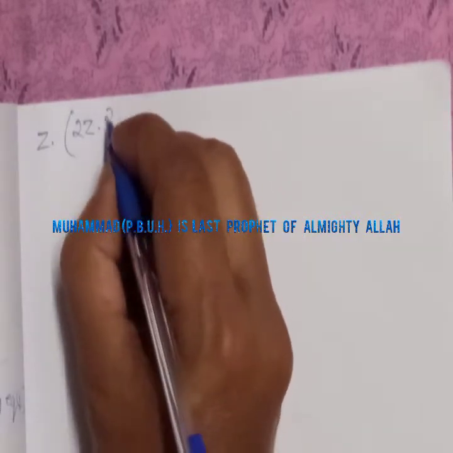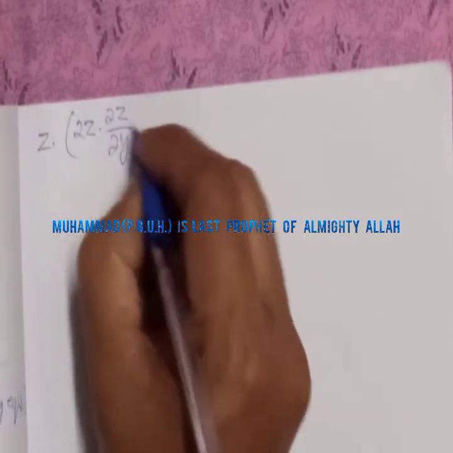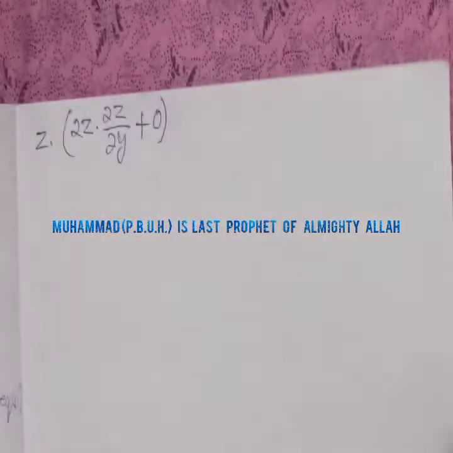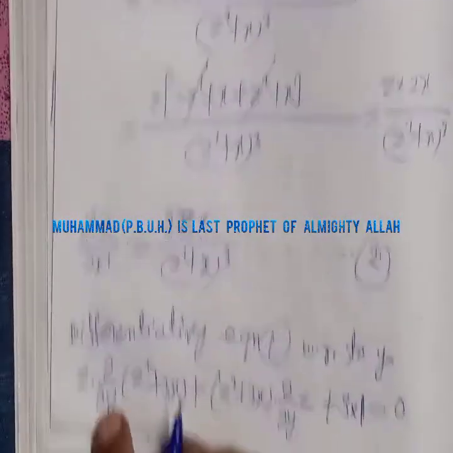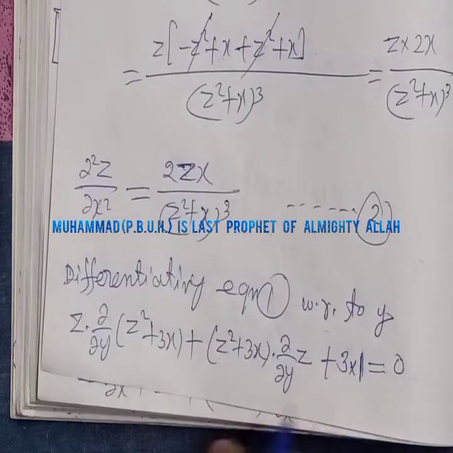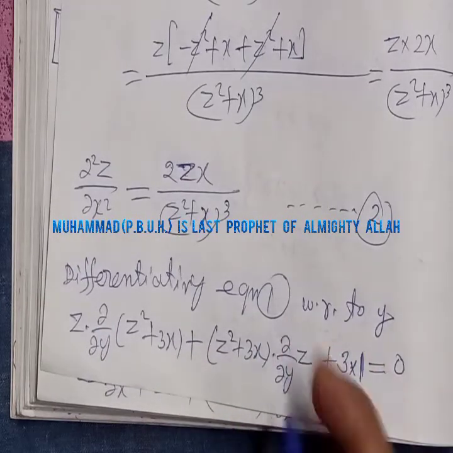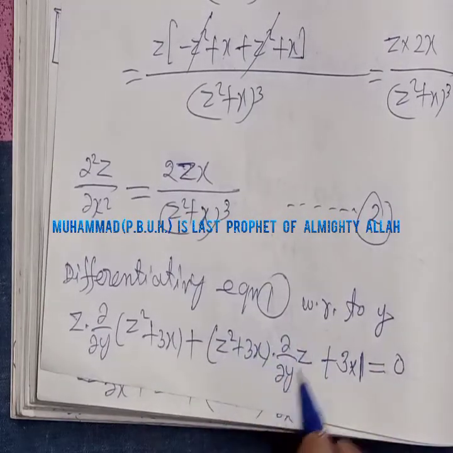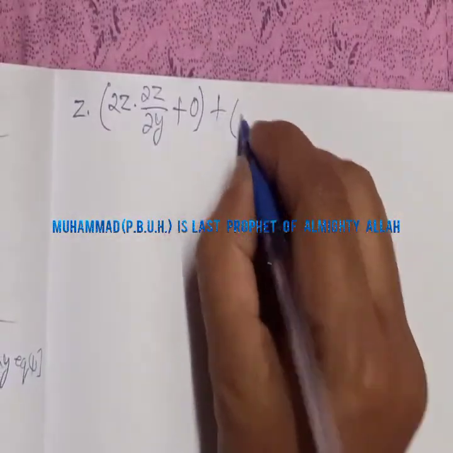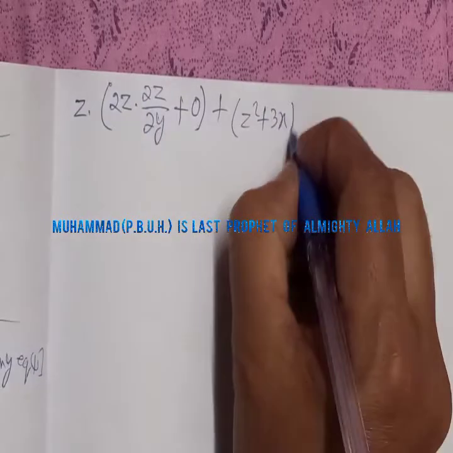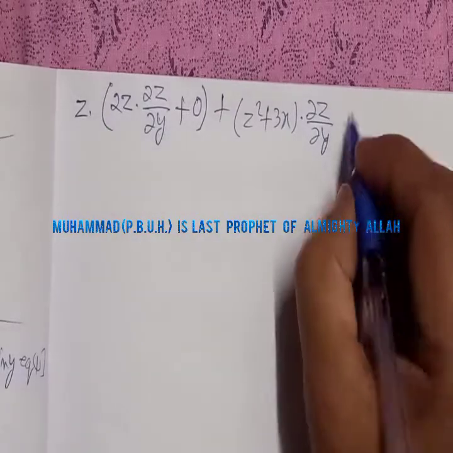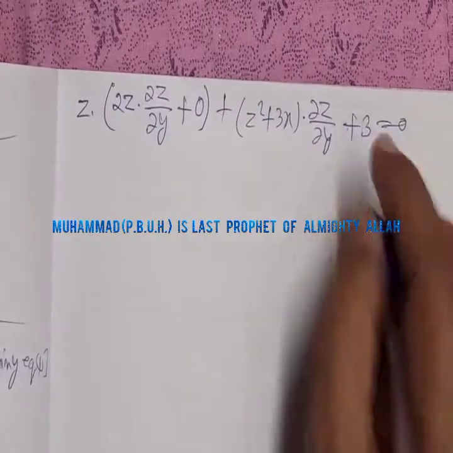So differentiate z according to chain rule, del z over del y, plus what, differentiation of 3x with respect to y is 0, because 3x is constant for y, because it is partial differentiation, and write its value as it without any change. We write next term plus z square plus 3x into del z over del y plus 3 is equal to 0.